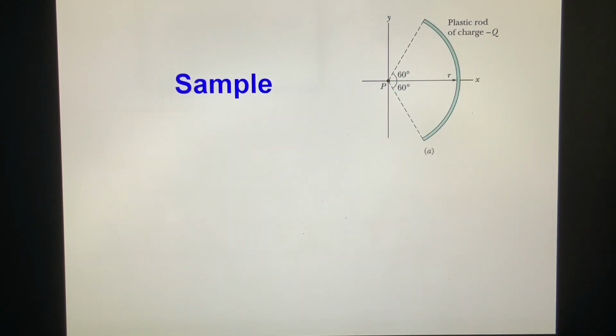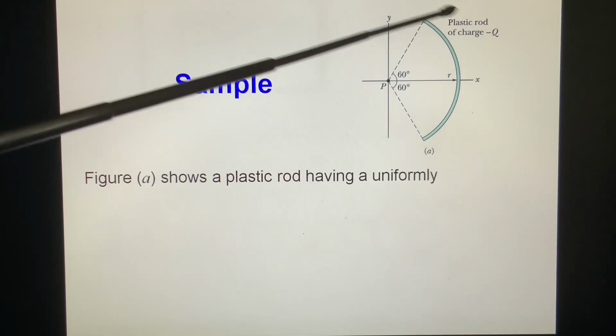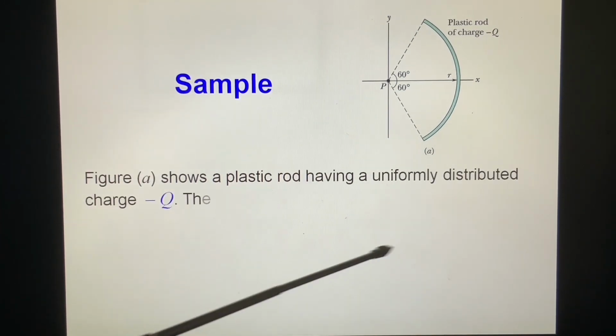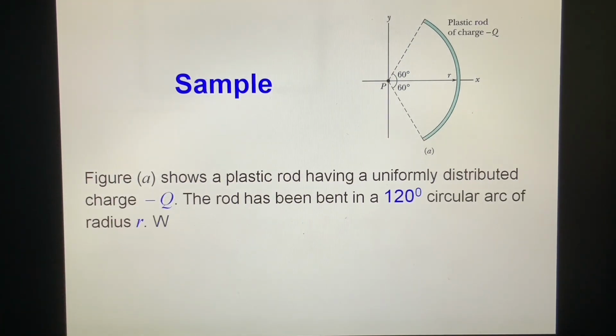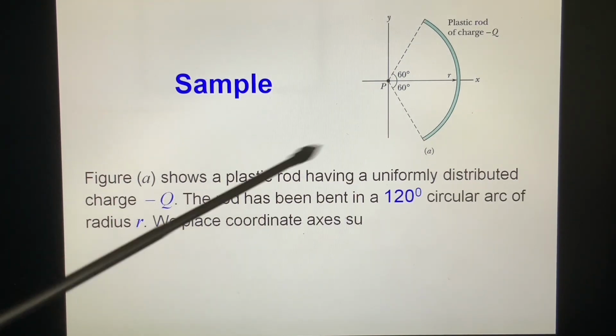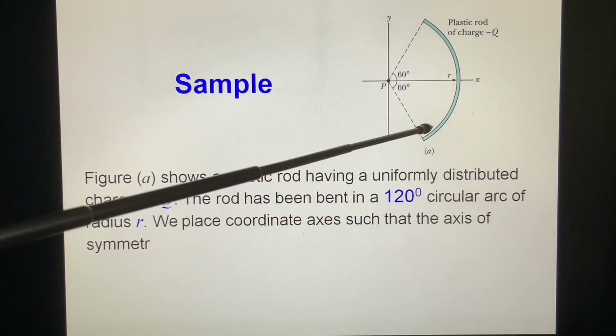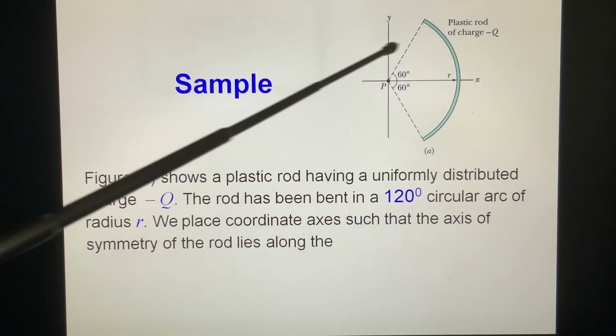Sample. The figure shows a plastic rod having a uniformly distributed charge, totally minus Q. The rod has been bent into a 120-degree circular arc of radius r.